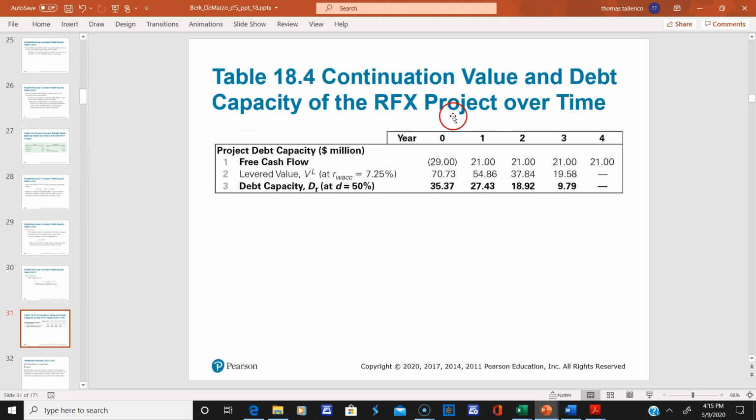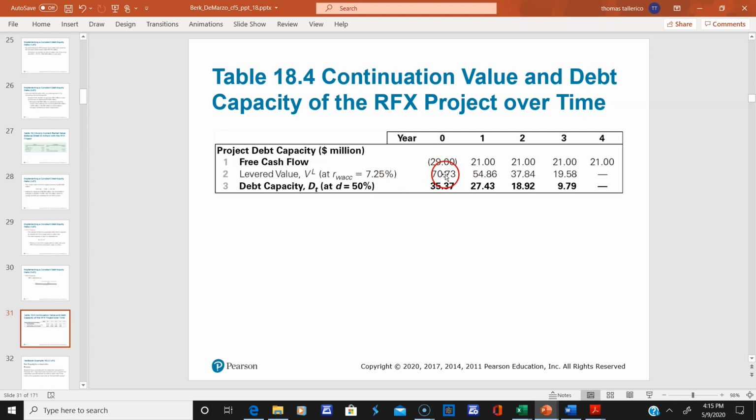Okay, so here's basically the debt capacity of the RFX project over time. Here's the free cash flows that we talked about. That was given. Here's the levered value at the weighted average cost of capital of 7.25%.